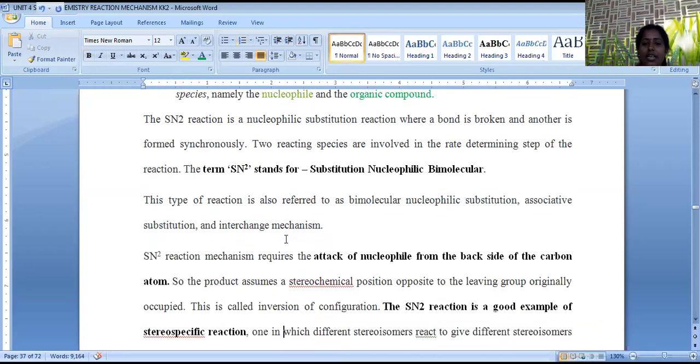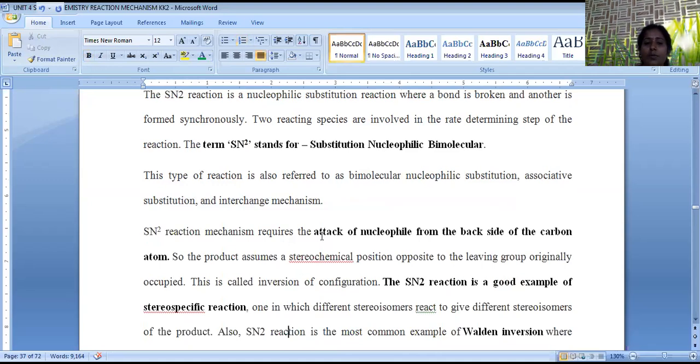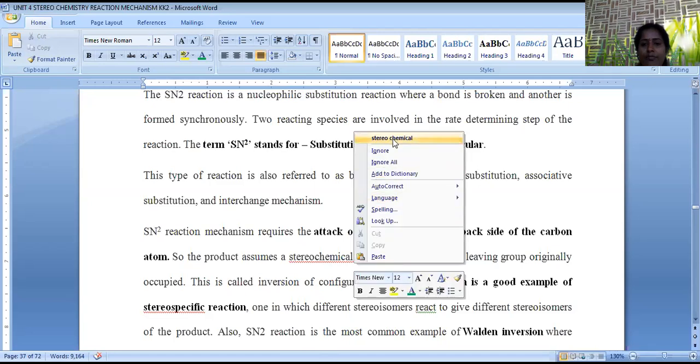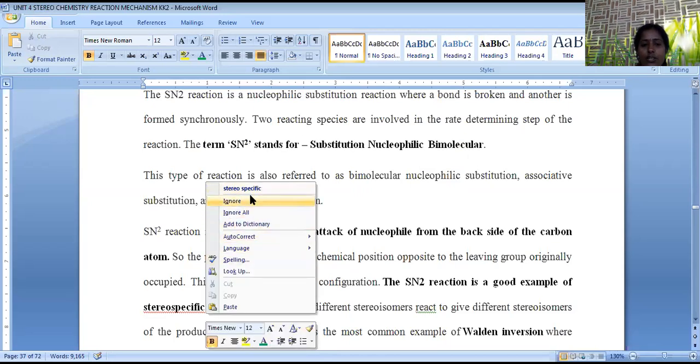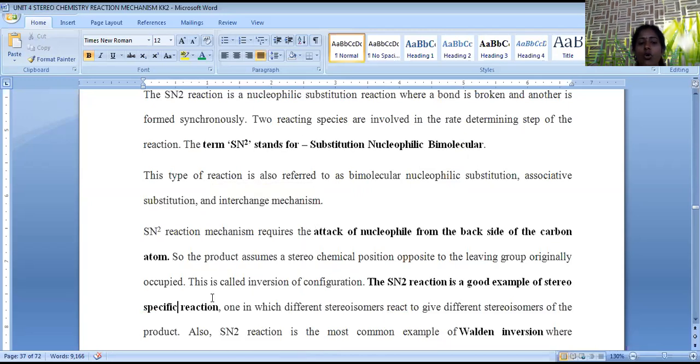In SN2 reaction, the attack of the nucleophile always takes place from the backside with respect to the alkyl halide, because there are repulsive forces between the existing nucleophile and the incoming nucleophile if it attacks from the front side. Hence, the reaction is considered stereospecific in nature. Only one product, that is 100% inverted product, is formed in SN2 reaction.